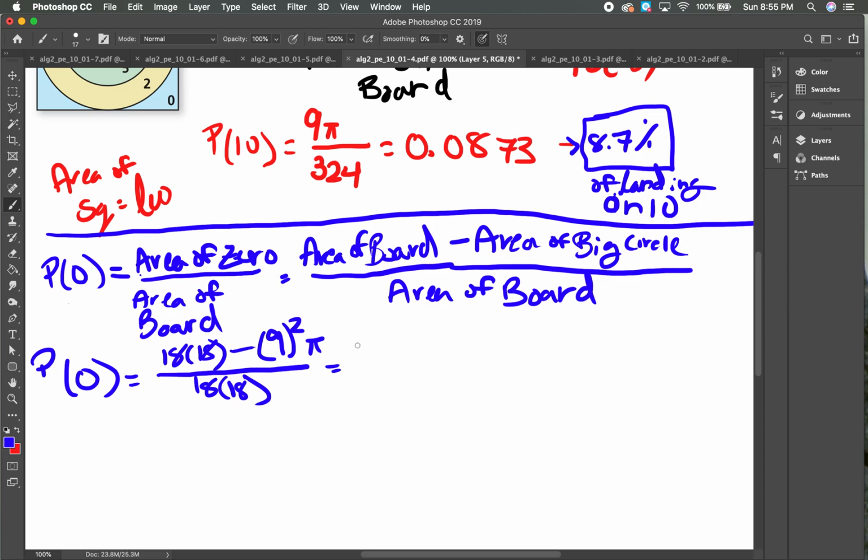Again, I already found that this is 324, this is 81 pi, and 324. So plugging this in, I use parentheses on top, and parentheses on the top here is super critical. You have to put parentheses or you're going to get the wrong answer.